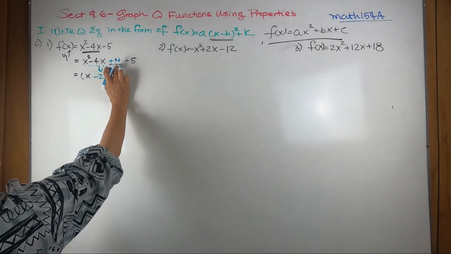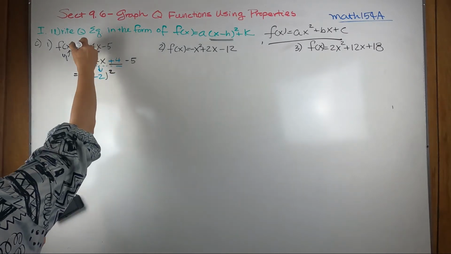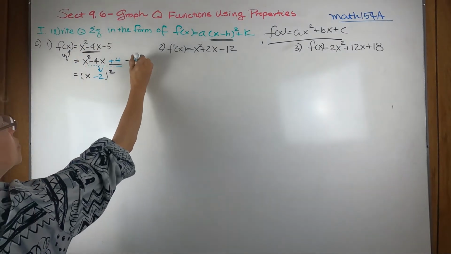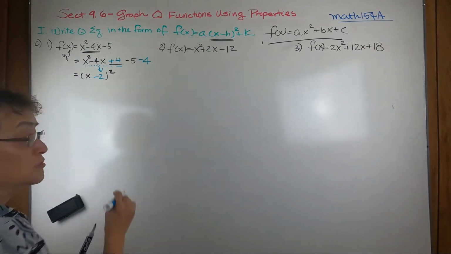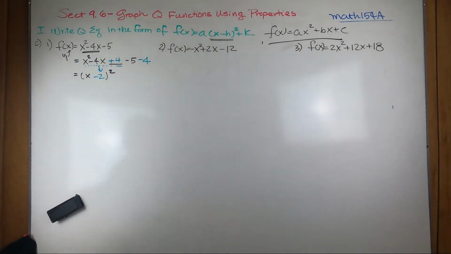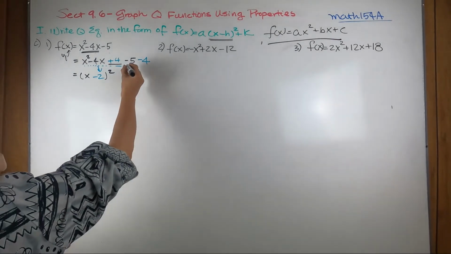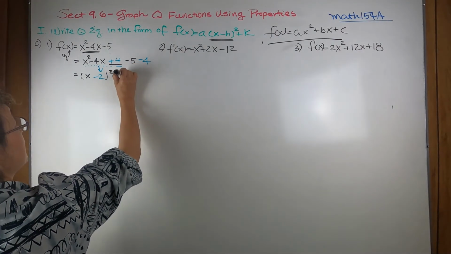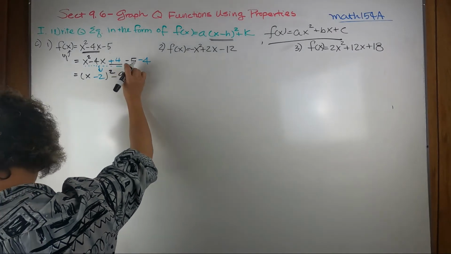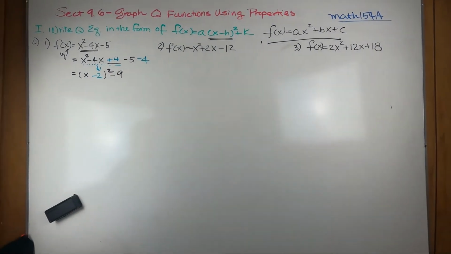But this +4 is extra, it wasn't in the original, so I need to -4 to balance out, right? So if I do so, then -4 and -5 will be -9.